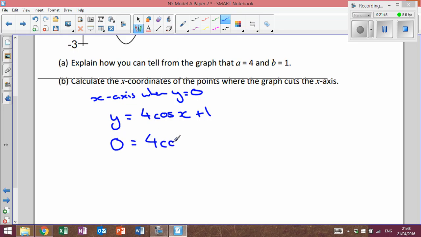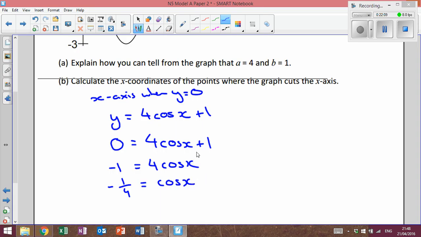So 0 is equal to 4 cos x plus 1. And this is our trig equation. We've got an equation, all numbers apart from x. And we know to solve a trig equation, we need to get everything away from that cos x. So we're going to take away 1 first of all. So minus 1 is equal to 4 cos x. And then divide by that 4. So it's minus 1 over 4 is equal to cos x.